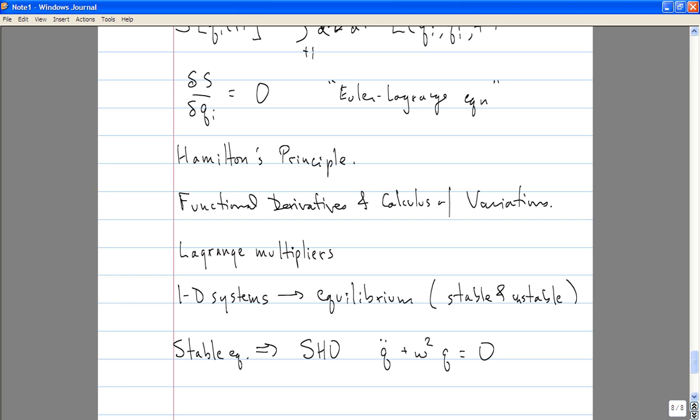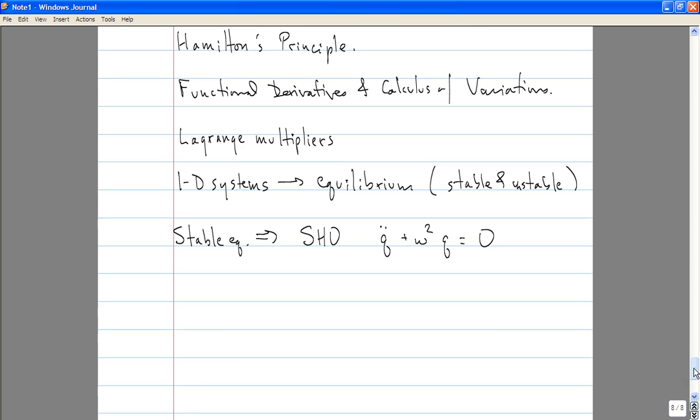We also considered the various perversions of the simple harmonic oscillator, namely the damped simple harmonic oscillator and the driven simple harmonic oscillator, and finally the driven damped simple harmonic oscillator.